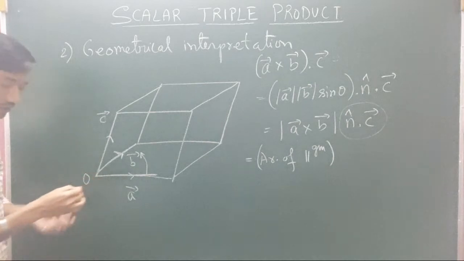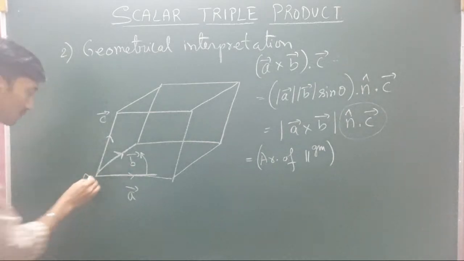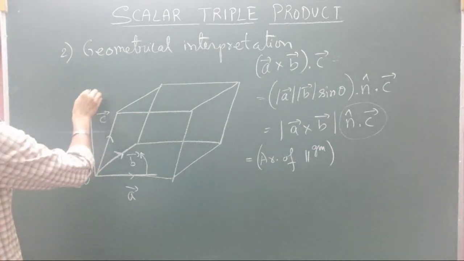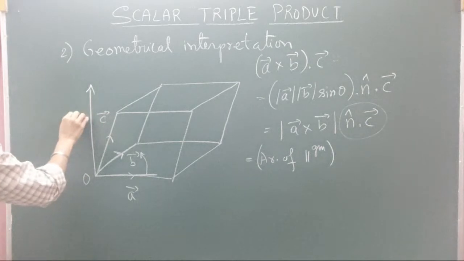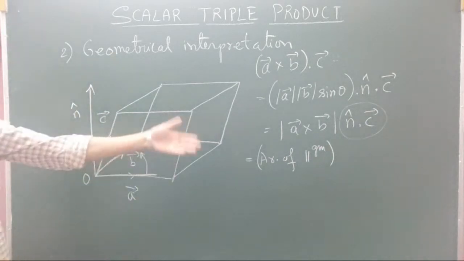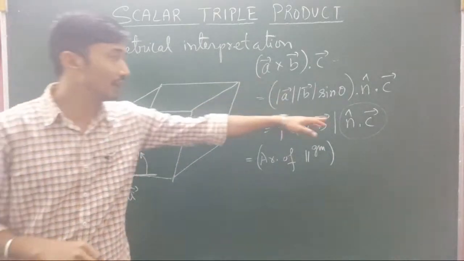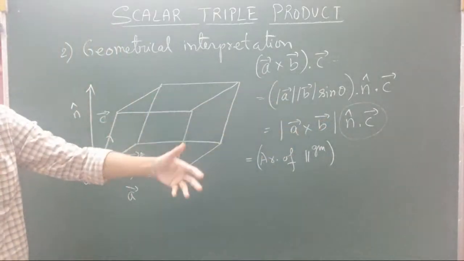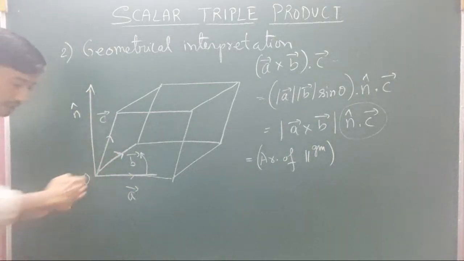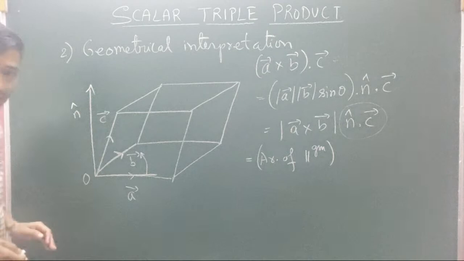So let me just draw that perpendicular vector here. Let's say this is the resultant vector n cap, perpendicular to each one of A and B. It's something like this, either outwards or inside the board.